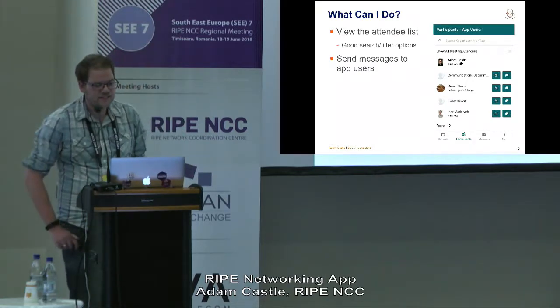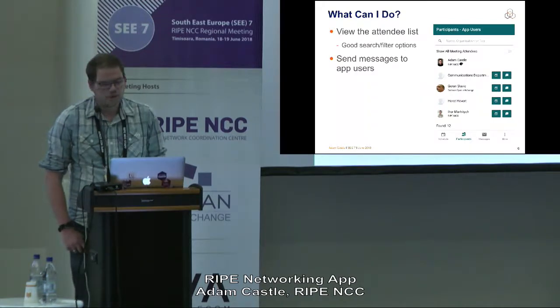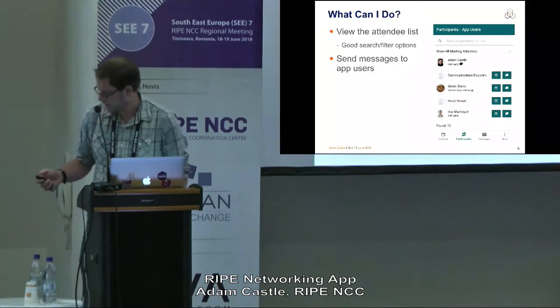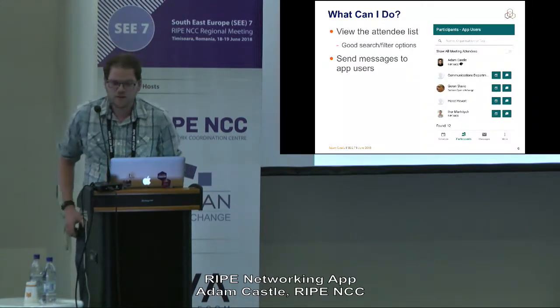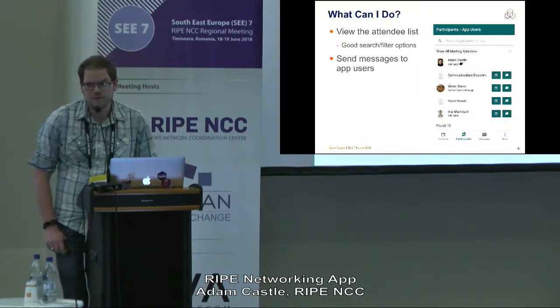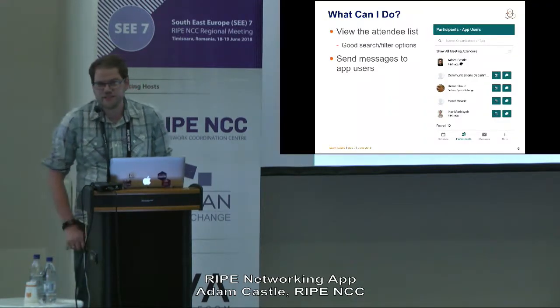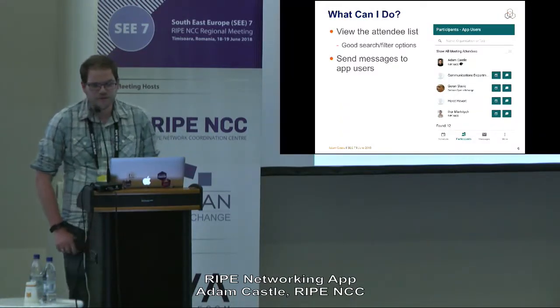From here, you can actually send messages to each user, and you can book a meeting with each user. If you click on this toggle up here, you can see all the people currently checked in on site, so all the non-app users. And from this screen, you can send an email to the non-app users, alerting them that you would like to meet with them as well.